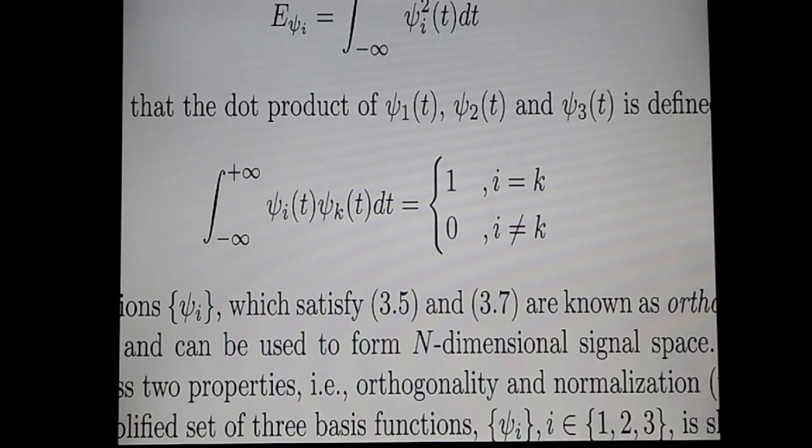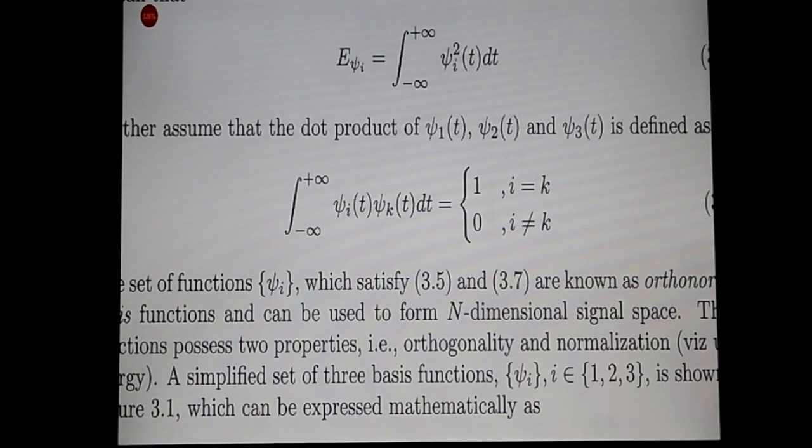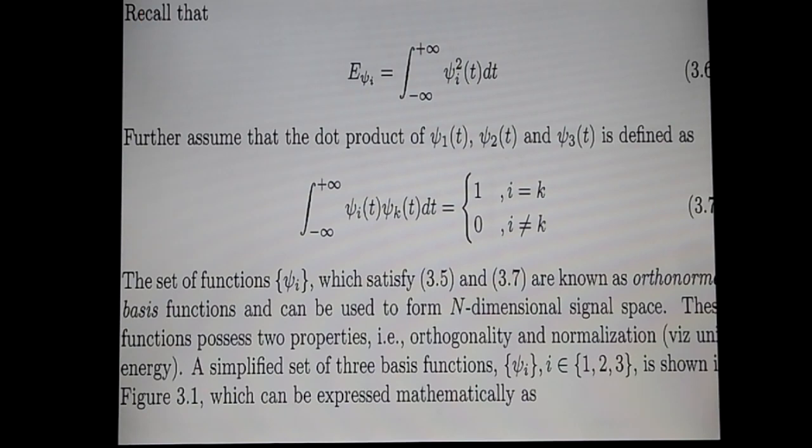And if they are different, because psi 1, psi 2, psi 3 are orthogonal signals and three different signals, then if i is not equal to k, this product is 0. So it is a proper, or we can say a fancy, way of defining the dot product of two signals.